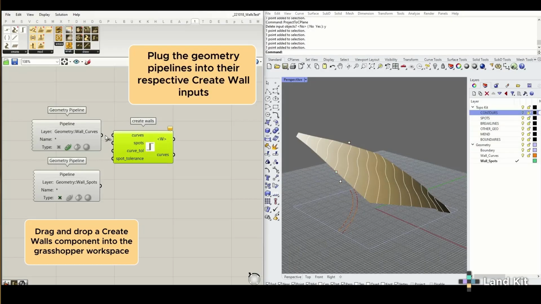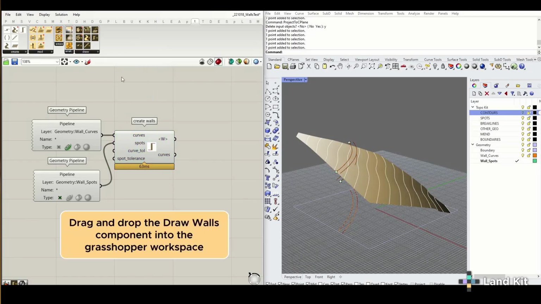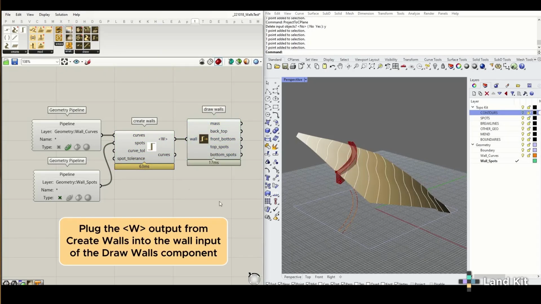I don't want it to be too heavy on that because I think that I have a lot to talk about in terms of what LandKit can do for landscape architecture as a set of tools, and also just what Grasshopper and Rhino can do.